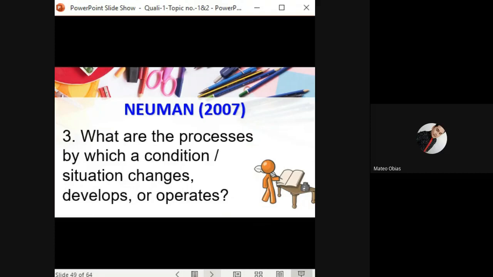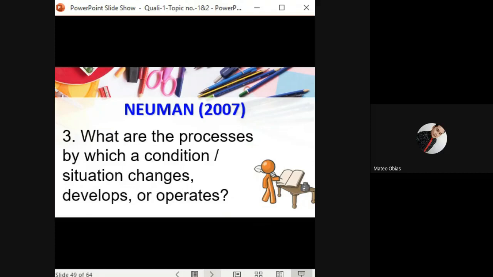Okay, so that's kasi 'di ba doon sa specific ano natin topic, direct and indirect. Okay, so number three, since may prevention and cure tayo, number three questions might be, what medical interventions can address the problem of smoking? Pwede rin yon. Okay? So what medical interventions can address the problem of smoking?